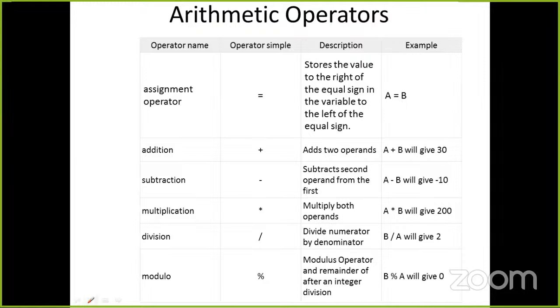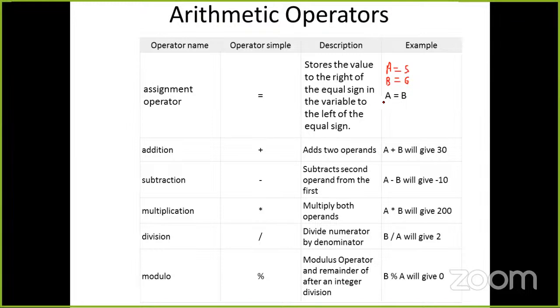So what is the meaning of this? One example I'm just giving you over here. A value, I'm taking it as 5, and B value is equal to 6.